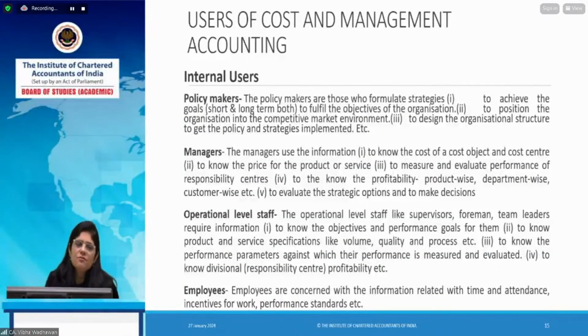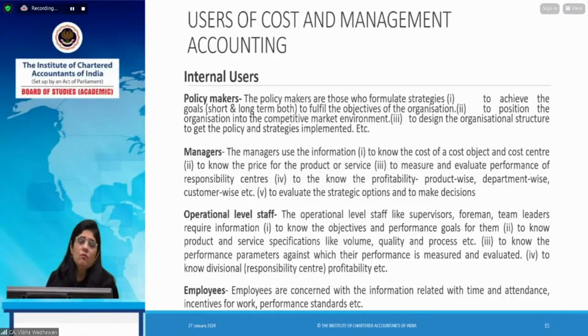So users of cost and management accounting, again, it's easy to understand. Of course, the policy makers, the strategic team, the top head of the management, those who formulate the strategies. They use cost and management accounting information to achieve their goals, to position the organization in a competitive market environment.